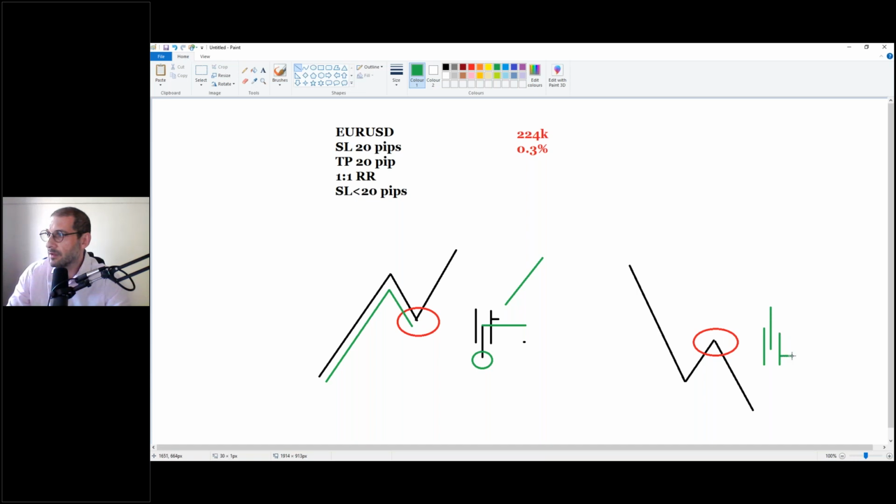I'll just switch colors here. Here we would need the highest high in at least 3 candles, and then we would need the candle to the right of it to move below the reference candle's low and close below the reference candle's low. So that's the system. That's how we're going to be looking to trade it.